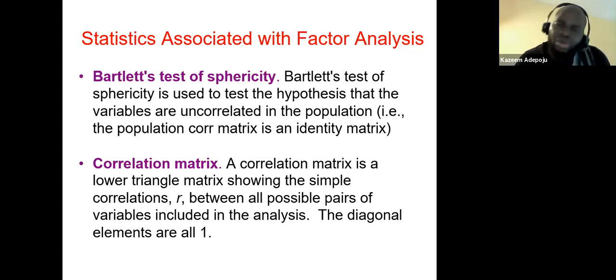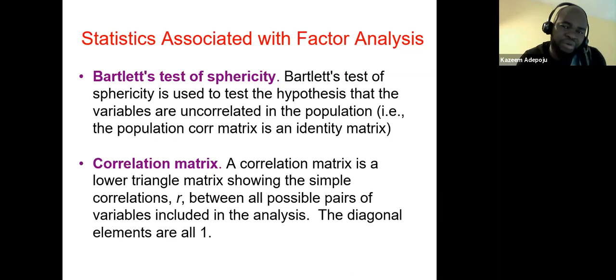That test tests whether the correlation matrix is an identity matrix or not. Because the moment it's an identity matrix, there is no problem anymore. There is nothing to factor. But if it is not an identity matrix, then applying factor analysis is appropriate. I think you understand what I mean.